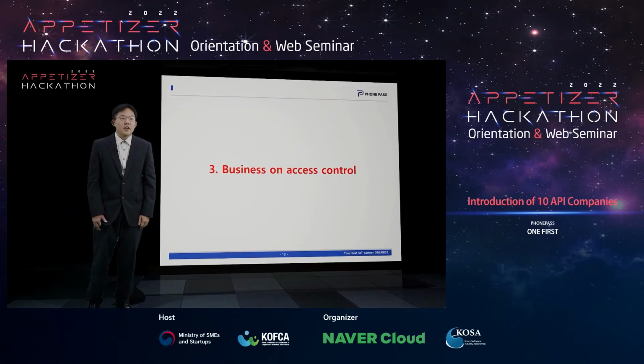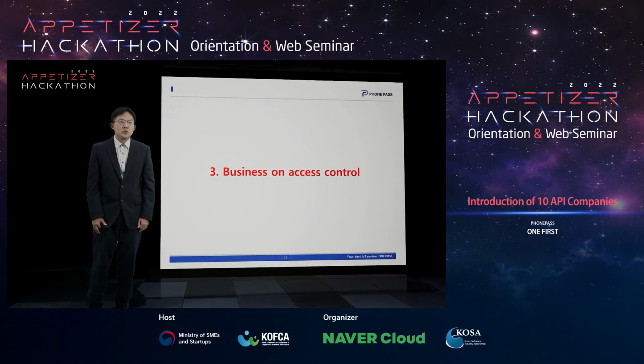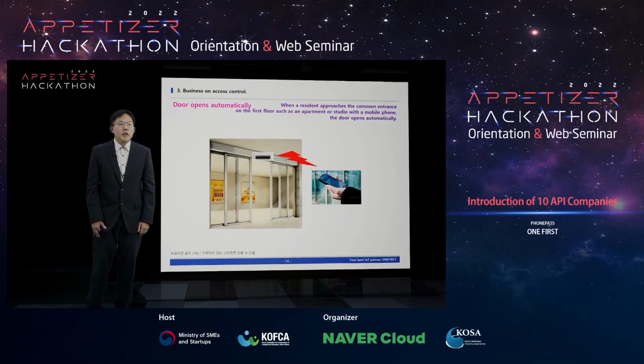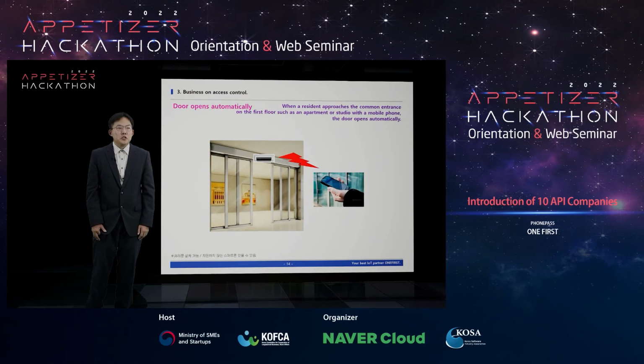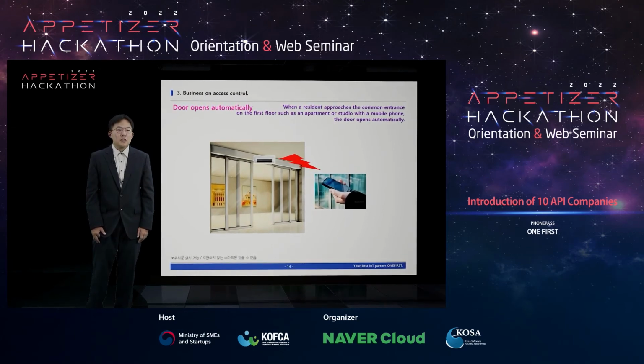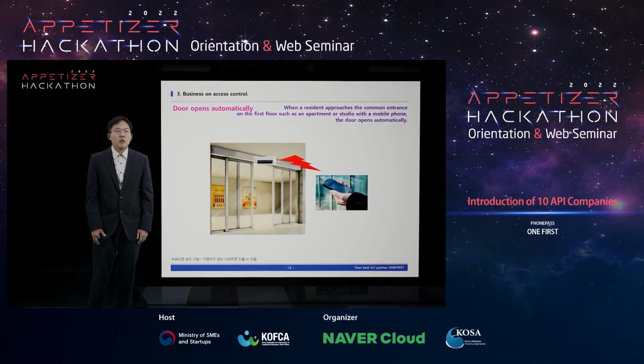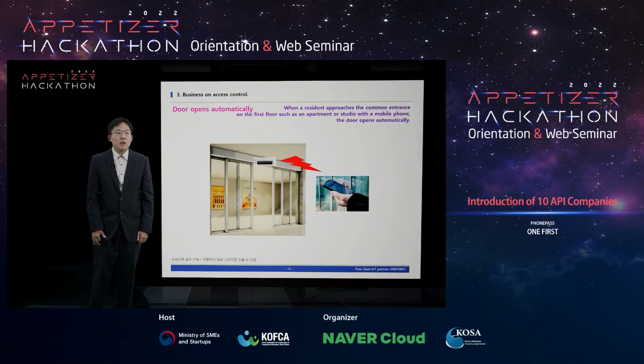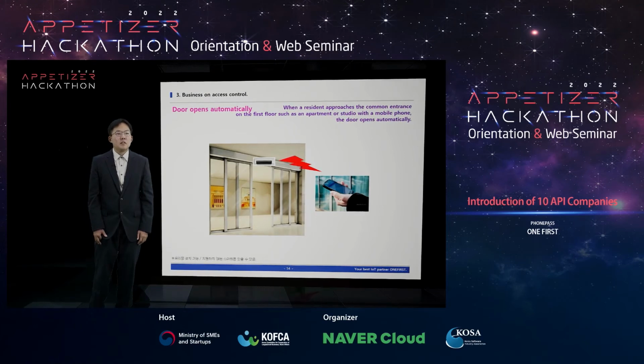Second, I will explain the business on access control. When a resident approaches the common entrance on the first floor, such as an apartment or studio with a mobile phone, the door opens automatically. There is an advantage of using facilities contactless in the era of coronavirus.